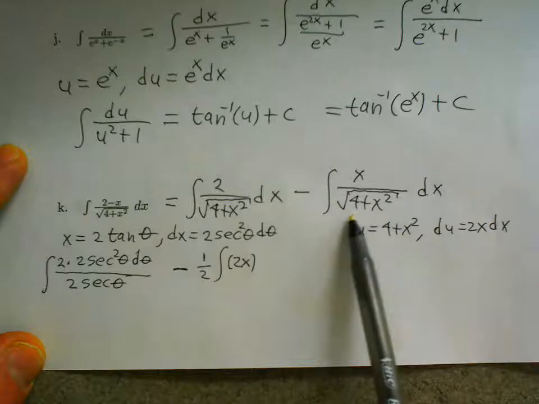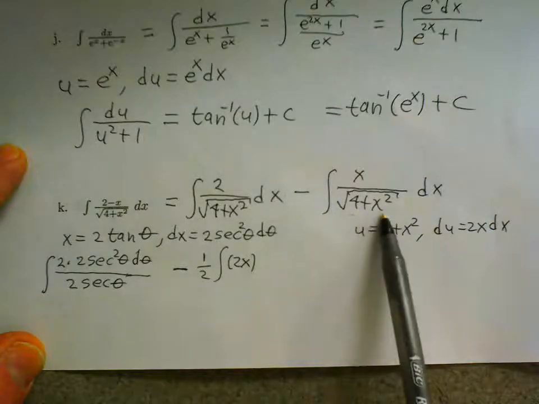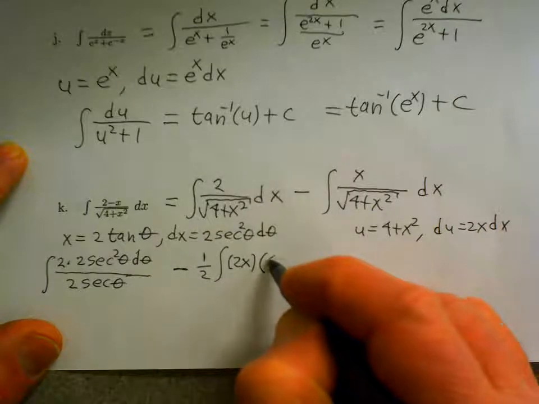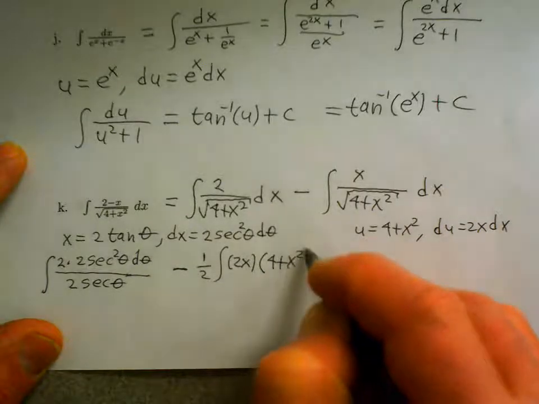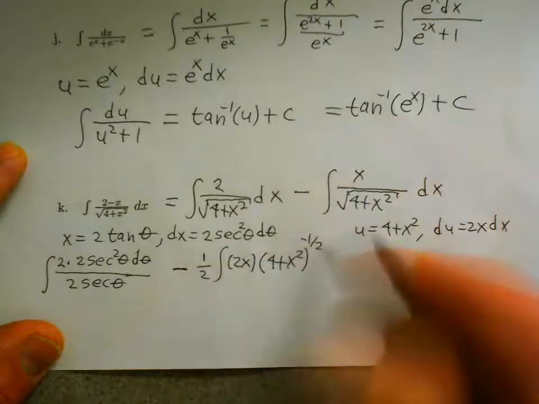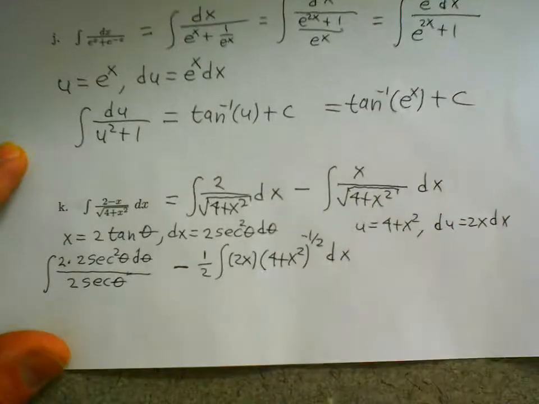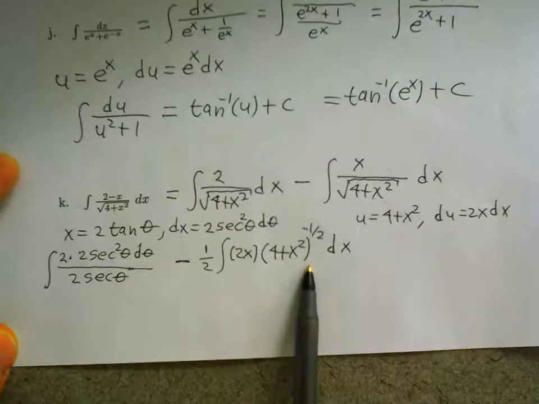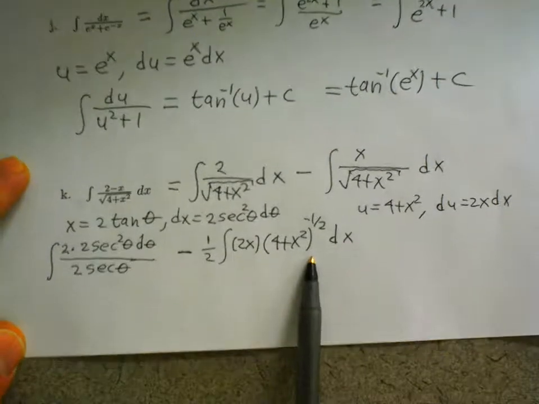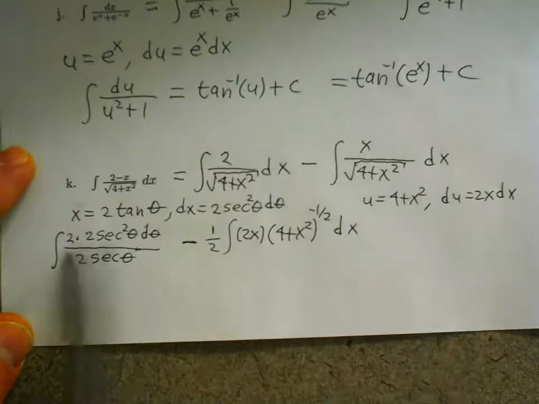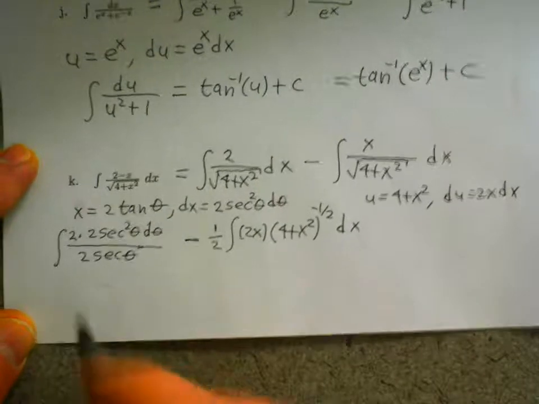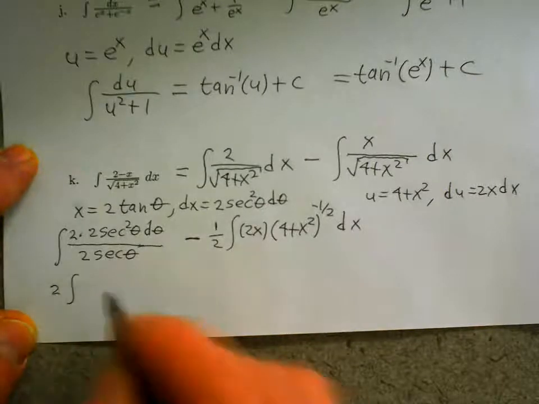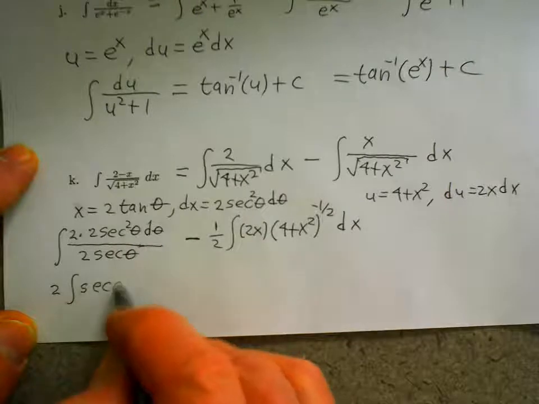Since we have the square root of 4 plus x squared in the denominator, I'm going to write this as the quantity 4 plus x squared to the negative 1/2. And then we can just integrate this directly in the next step. Okay, so this integral on the left simplifies to 2 times the integral of secant of theta d theta.